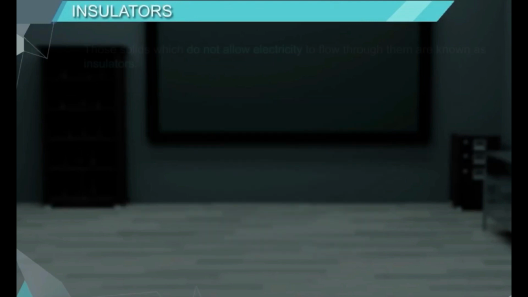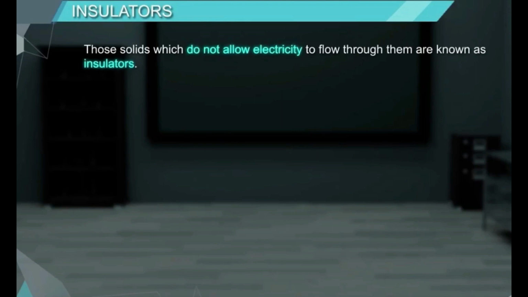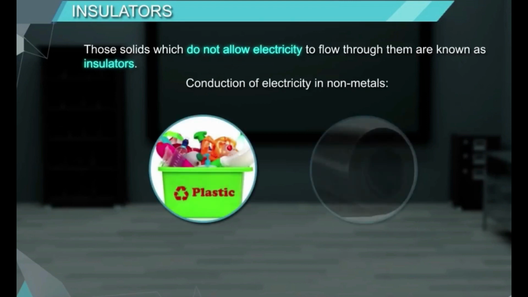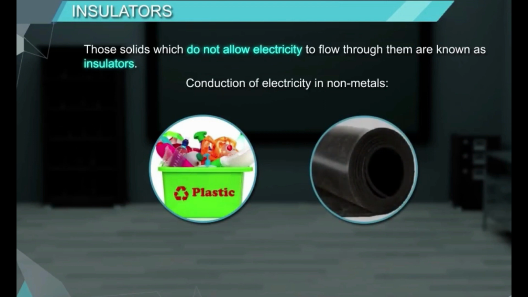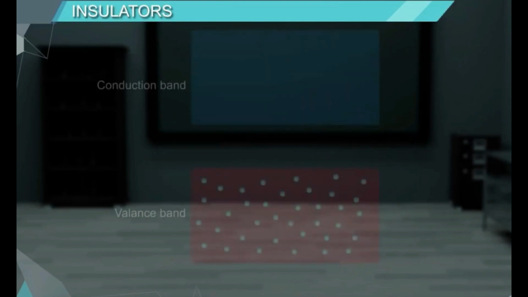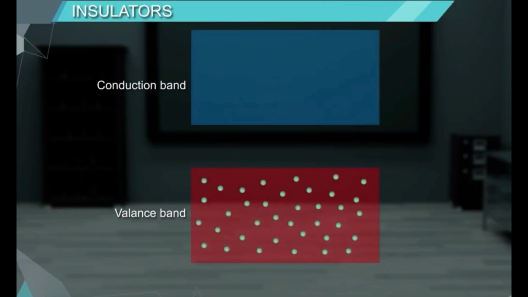Insulators. Those solids which do not allow electricity to flow through them are known as insulators. Conduction of electricity in non-metals. Non-metals like plastic and rubber do not conduct electricity. In these solids, the valence band is full while the conduction band is empty.